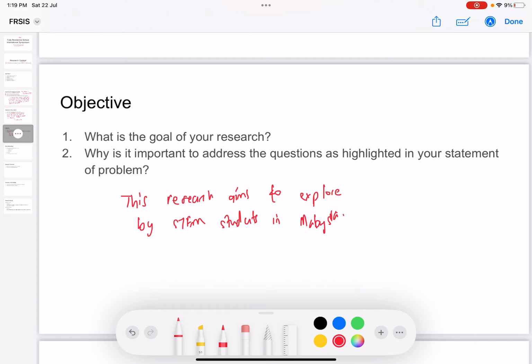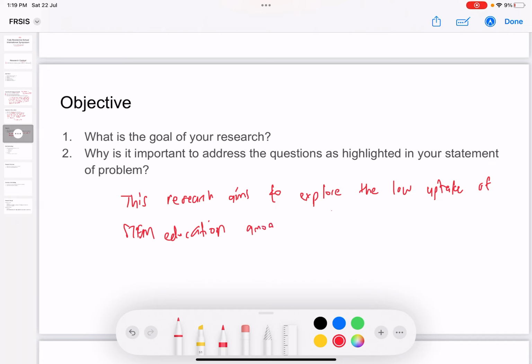This research aims to explore the low uptake of STEM education among rural students.